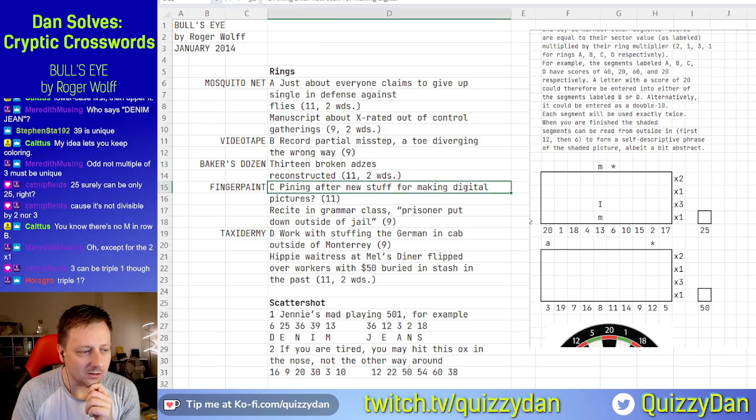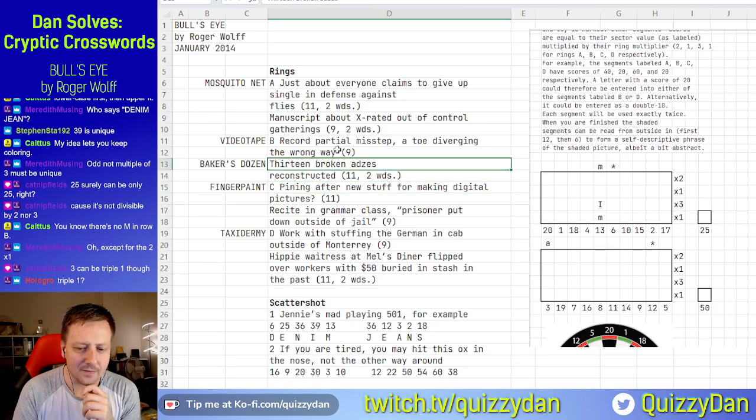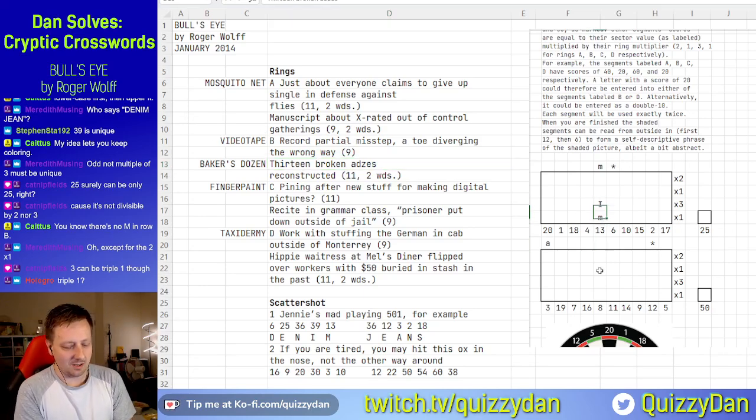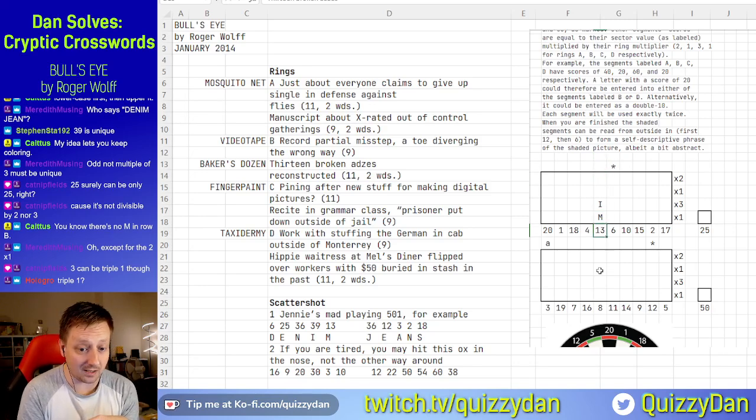So, could go there. Oh, hang on. You know there's no M, and I start to look at B in row B. There's no M in that, so of course, actually, we do know that is there. Okay. So this may be taxidermy, but we can't prove it yet.